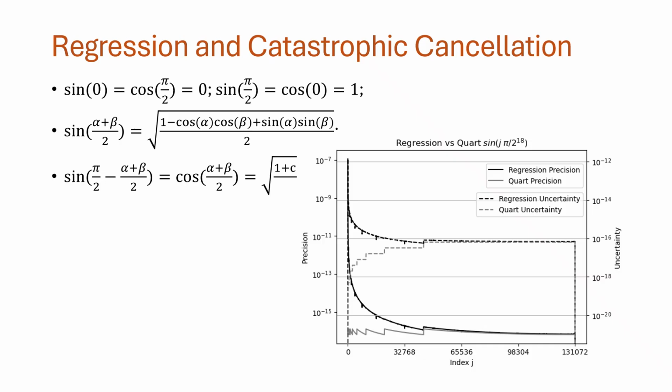So this you can use in contrast. If we use the conventional approach, we see that precision is constant all over. So using this chart, you can see when the catastrophic cancellation happens and by how much.